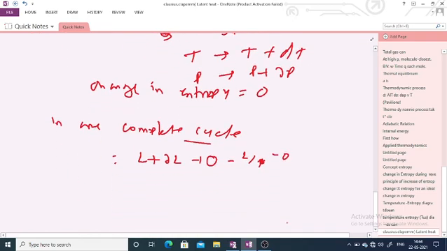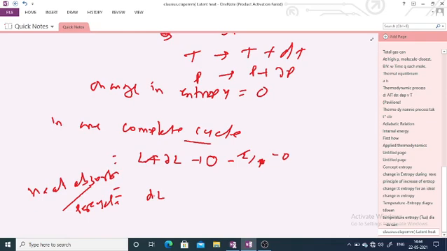So the total amount of heat absorbed per cycle: this L will cancel, and the remaining term is dL. So we got dL as the total.